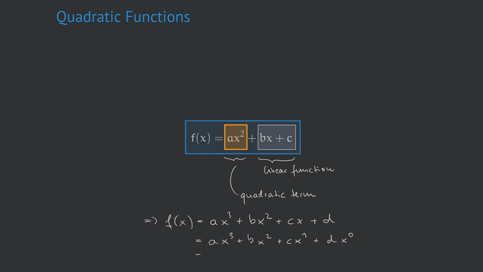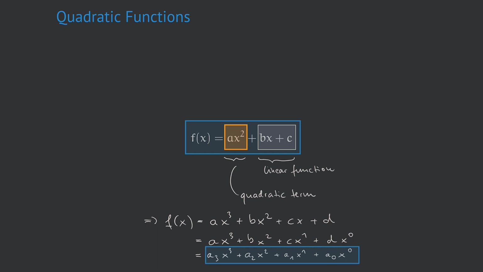That means they rather use a3 times x to the power of 3 plus a2 times x to the power of 2 plus, well, a1 times x to the power of 1 plus a0 times x to the power of 0. So you see a, b, c, and d have been replaced by a3, a2, a1, and a0. So that thing in the blue box now tells us, please generalize me.